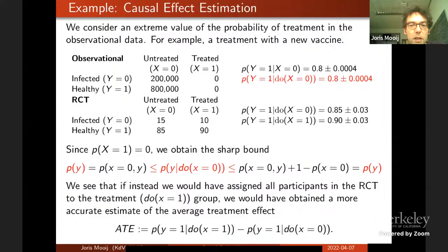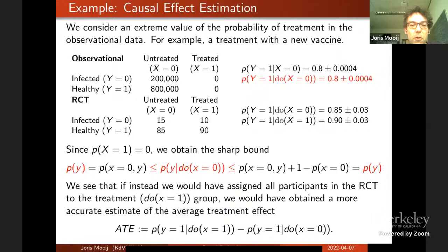So here's an example to get a feeling for how this can be exploited. We consider an extreme value for the probability of treatment in the observational data. This could correspond, for example, to a treatment with a new vaccine, because then we may have lots of observational data lying around, but in the observational regime, everyone would be untreated simply because it's a new vaccine that hasn't been used before.